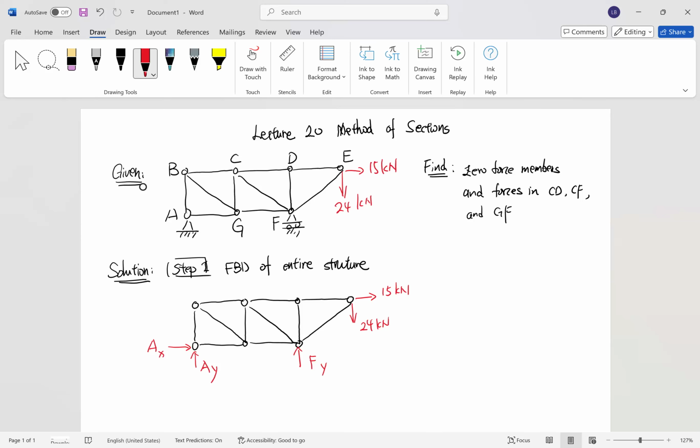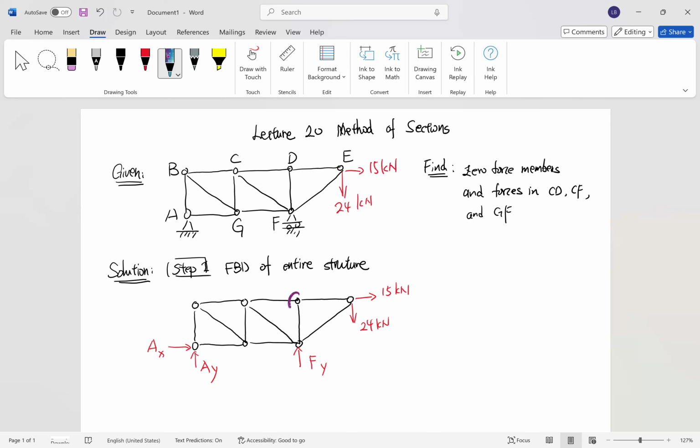Okay, given that, you may recall what we've been talking about in lecture 19, regarding the patterns that we can use to identify zero force members.